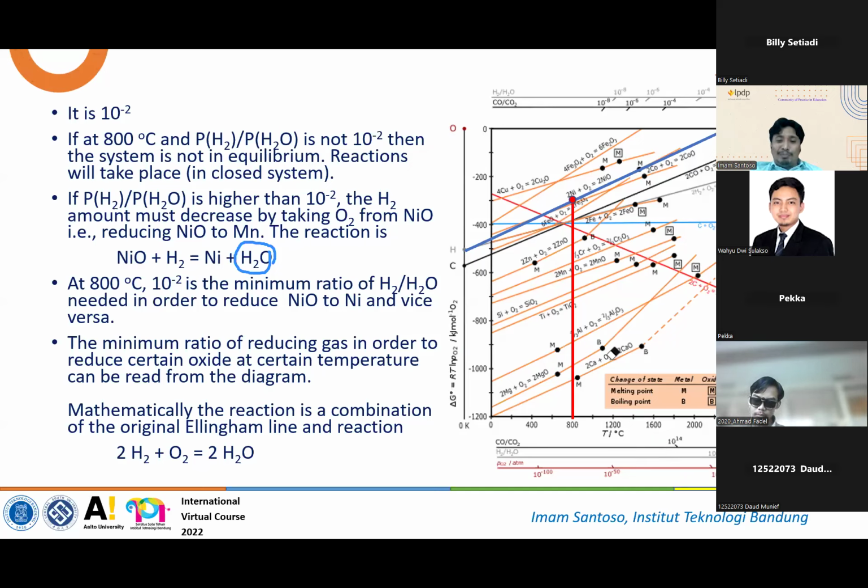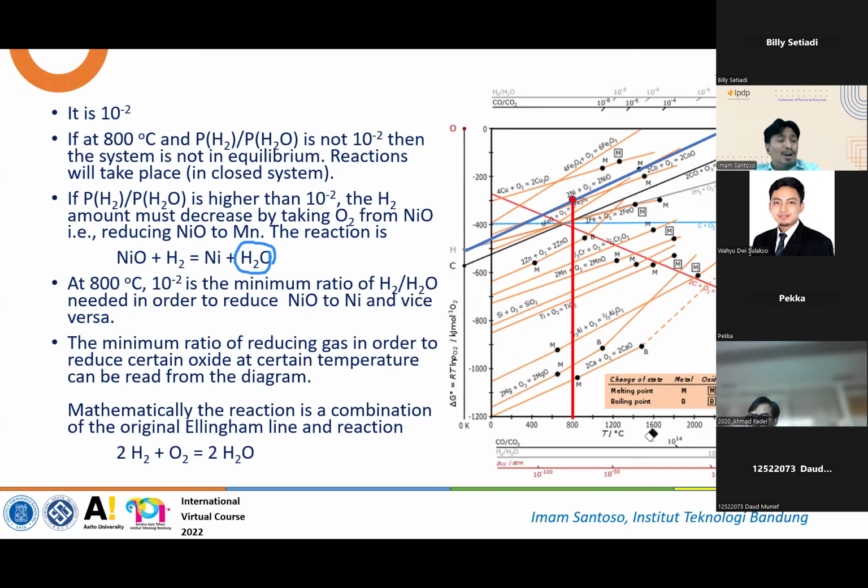For magnesium and calcium, the limit is in the Ellingham diagram. You always need to be bigger than that value. Almost pure hydrogen. But it is difficult to control pure hydrogen in the reactor.